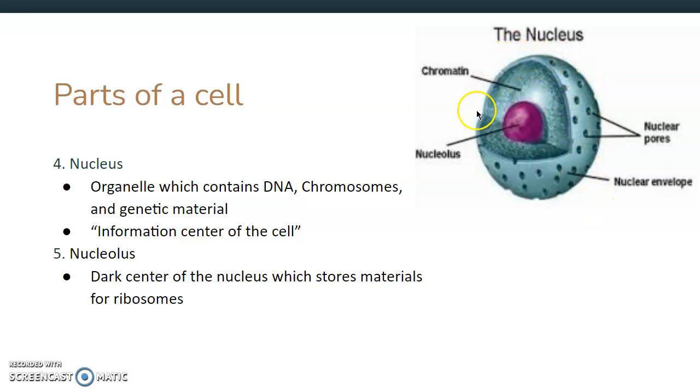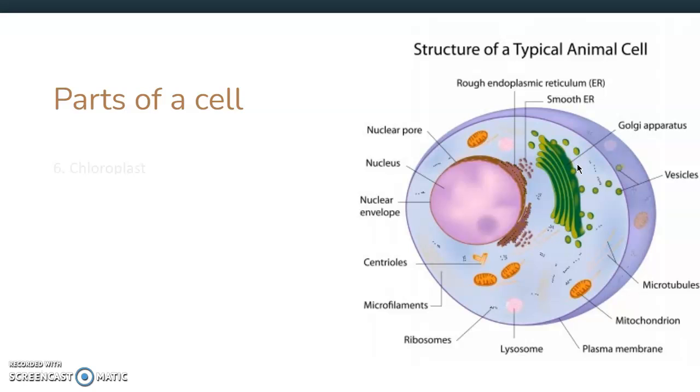So this envelope just makes sure everything stays inside that needs to, but we have little circles called nuclear pores, which allow the nutrients from our nucleolus and anything from our chromosomes that need to come out. They have holes to leave our nucleus, but that's an up-close picture of what it looks like.